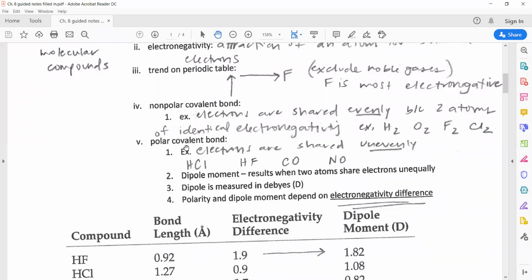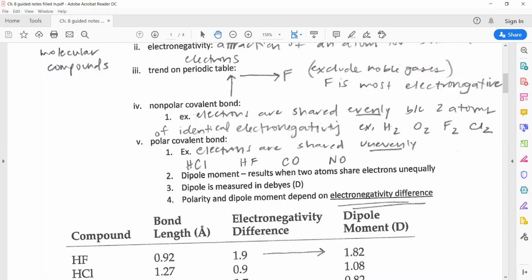Whereas if you have a polar covalent bond, you have two atoms that have different electronegativities. So for example, H and Cl. If you think about the atom that is closest to fluorine, because remember fluorine is the most electronegative, chlorine is much closer to fluorine than hydrogen. So chlorine has a greater electronegativity and pulls on the electrons more strongly.